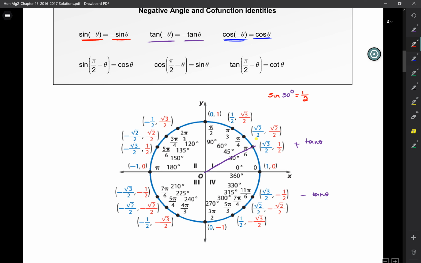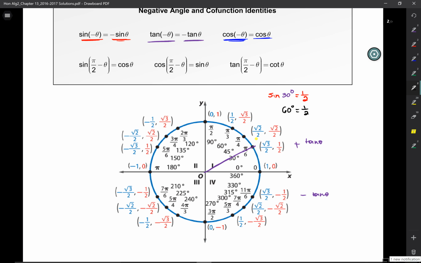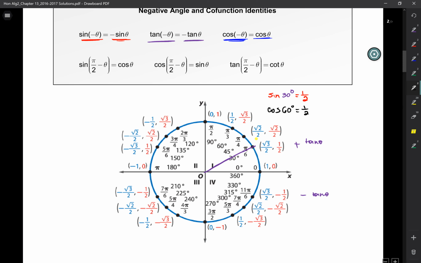Now, what's the complement of 30 degrees? So what's 90 minus 30? 60. Right? What trig value for 60 degrees will give you 1/2? Cosine. Do you see it? I see it too.